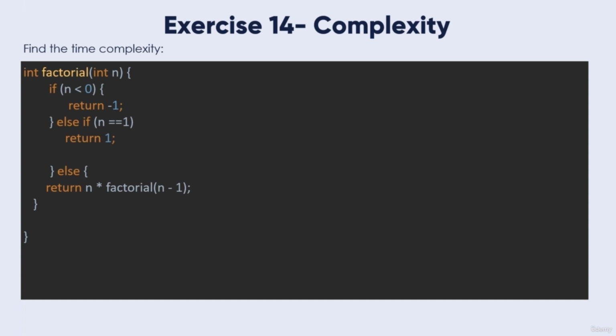So pause the video and think about this for 10 seconds, write down the solution on paper, and comment it in the comments below. I am waiting for your comments, and I hope you solve it and understand the algorithm and how to solve these time complexity questions.